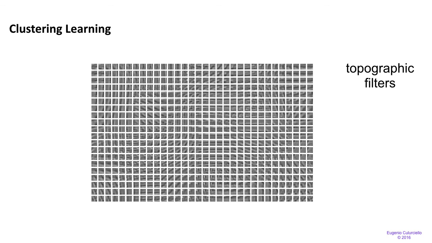you can arrange, for example, your filters on a 2D map, and then you force filters that are close to another filter to be fairly similar. So you impose another constraint in sparsity: not only do they have to be sparse and grouped together, but you also want them to cluster in a way that similar filters are closer together.